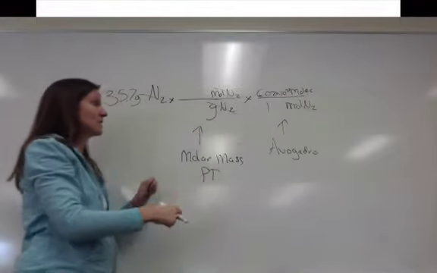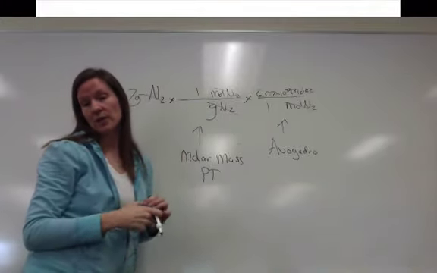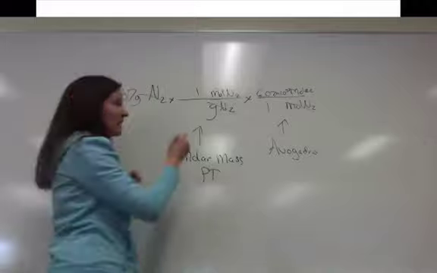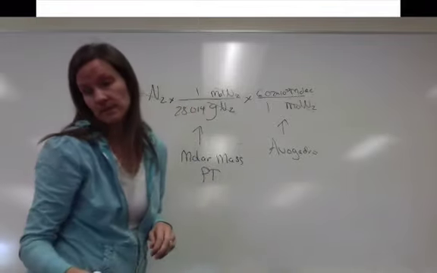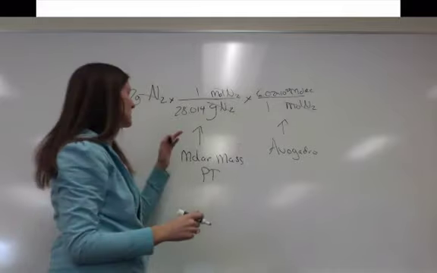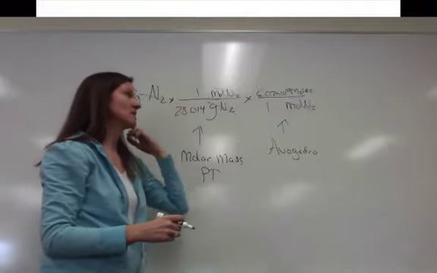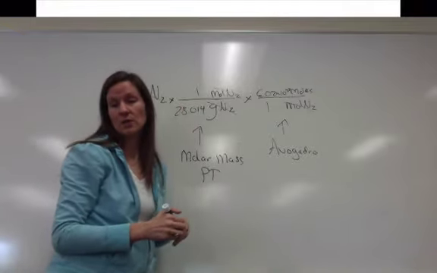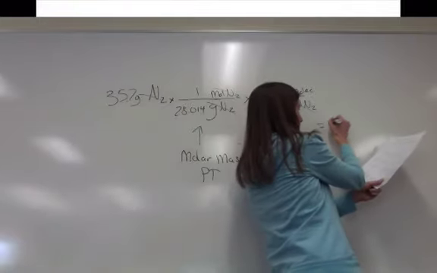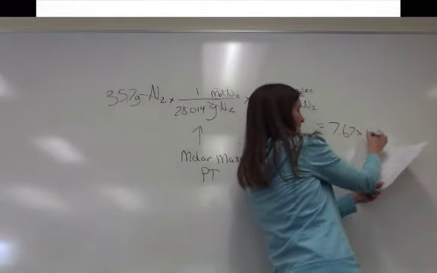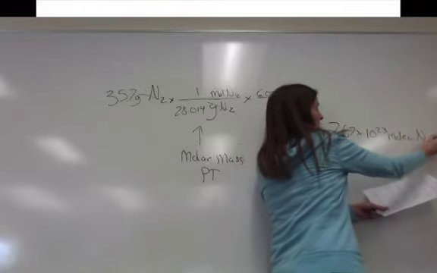For every 1 mole, I have the molar mass of nitrogen, which from your periodic table, if you calculate it, you'll see it ends up being 28.014. You multiply this through now, 35.7 divided by 28.014, multiplied by 6.02 times 10 to the 23rd. You should get a final answer of 7.67 times 10 to the 23rd molecules of N2.